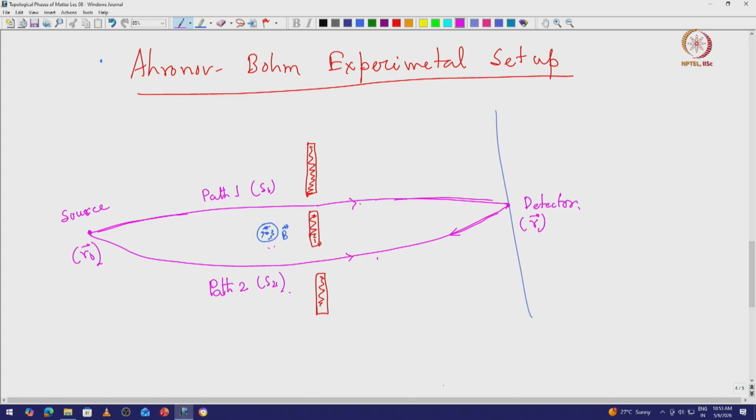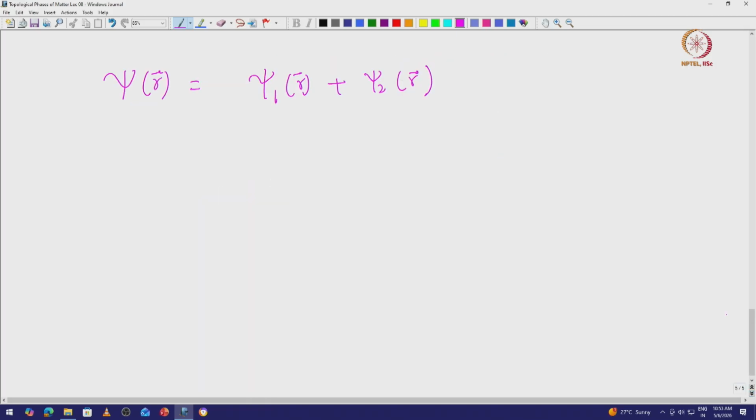Okay. So, both started from some R0 with some parallel transport, where this is exp(-ie/ħ) integrated from R0 to R, but in the S1 path.